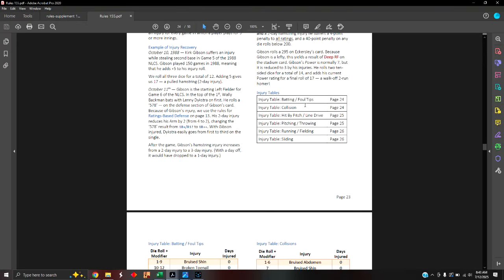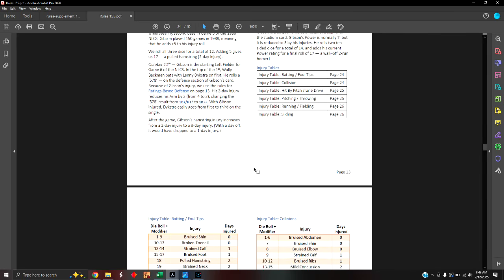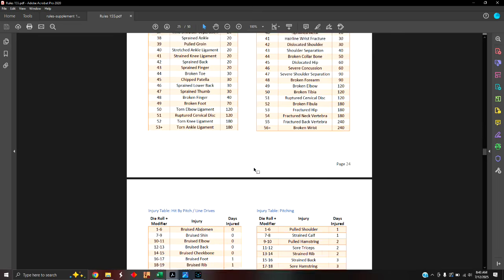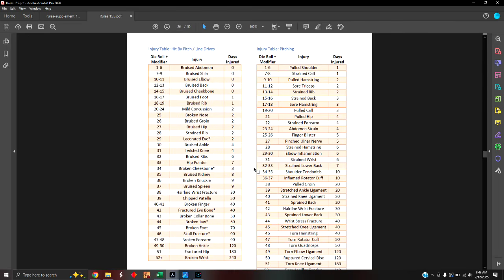They have batting injuries, collision injuries, hit by pitch injuries, pitching or throwing, running or fielding, or sliding. And each of these has a different injury chart for days injured. I'm just going to use the hit by pitch chart, and this is line drives too. We had 35 plus 3, that's 38. Hairline wrist fracture, he's injured 30 days.